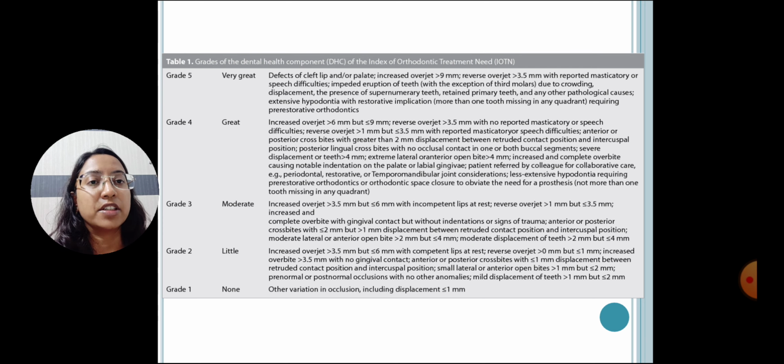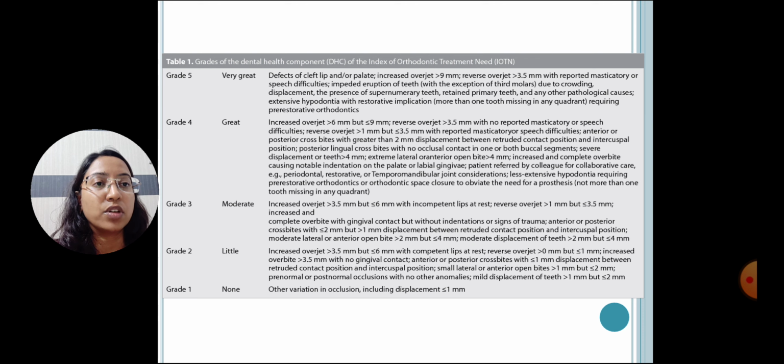Reverse overjet of greater than 1 mm but less than or equal to 3.5 mm with reported masticatory speech difficulties. Anterior or posterior crossbites with greater than 2 mm displacement between retruded contact position and intercuspal position. Posterior lingual crossbites with no occlusal contact in one or both buccal segments. Severe displacement of teeth greater than 4 mm. Extreme lateral or anterior open bite greater than 4 mm.